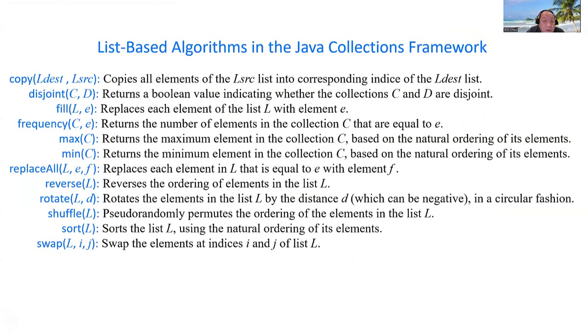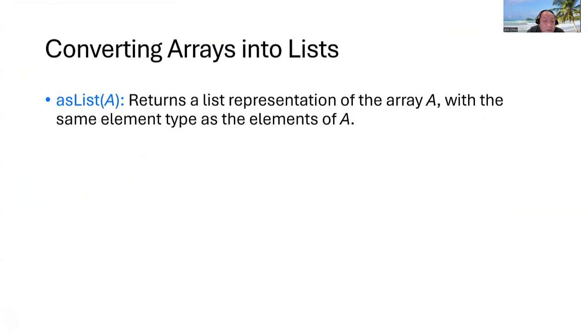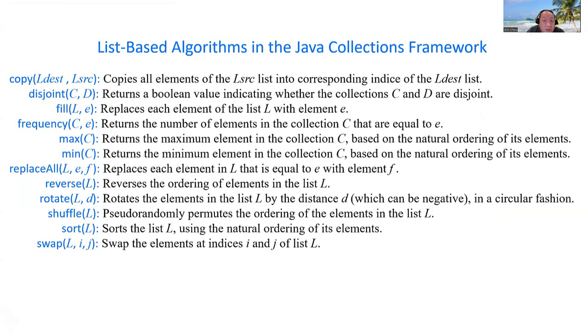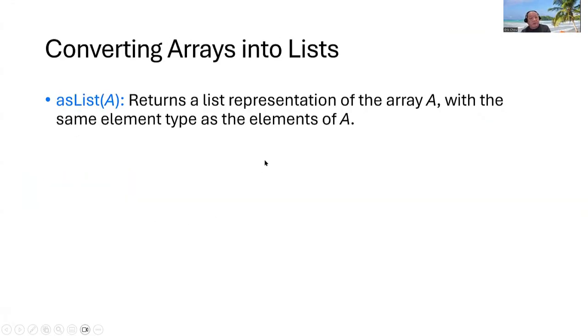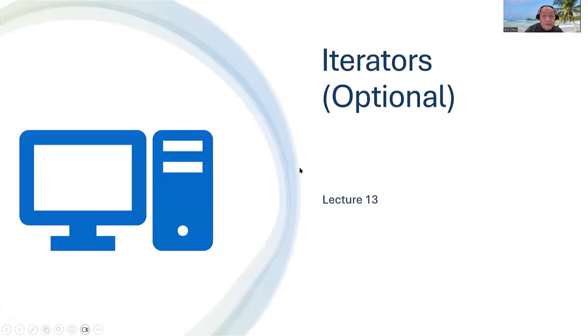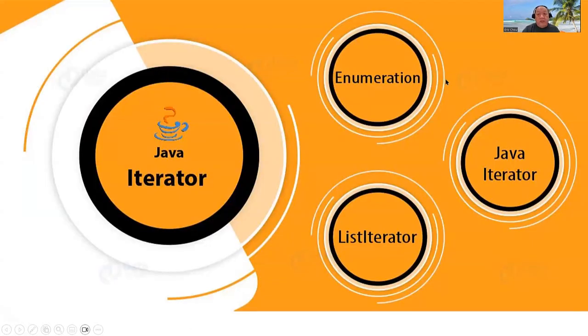Next one here is the iterator. Okay, here it has converting this to an array. There's a toArray function. This one we talked about before. So we convert an array to a list using asList. This one we talked about before. Iterator. Okay, iterator is not very important in Java, but very important in C++. So you use the iterator for enumeration, and you have an iterator and the list iterator.